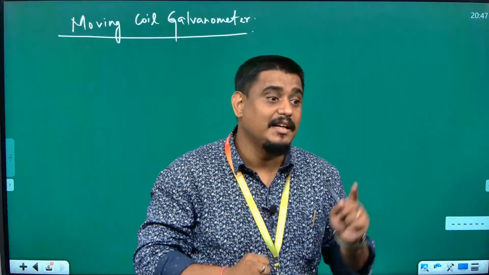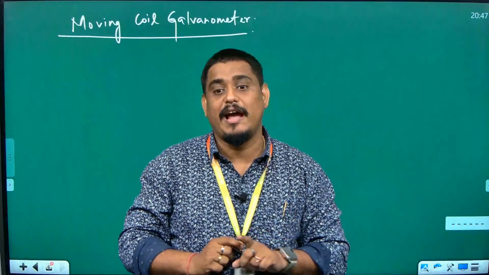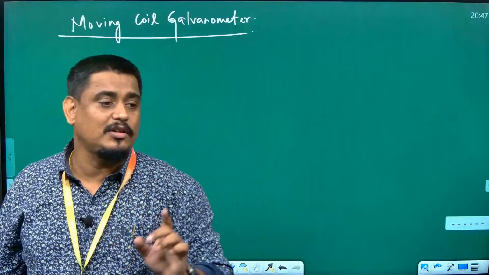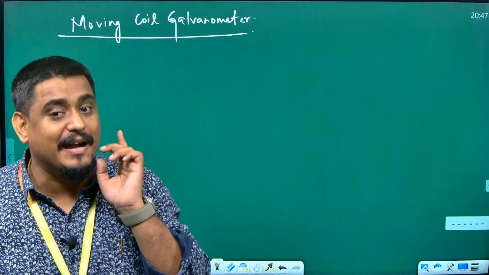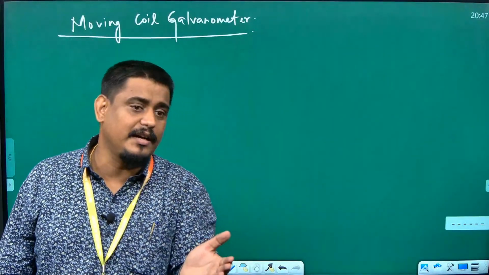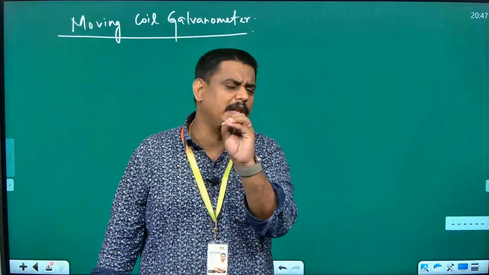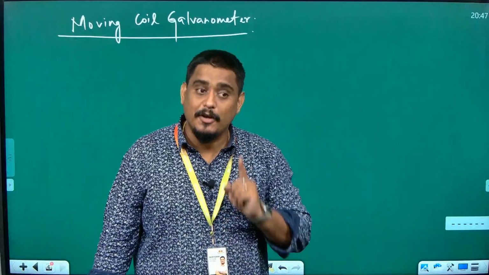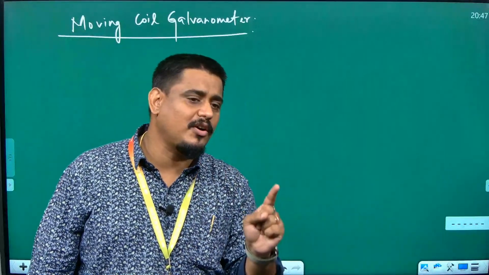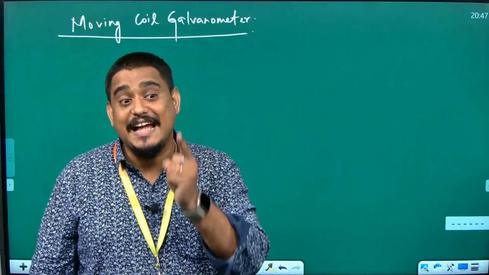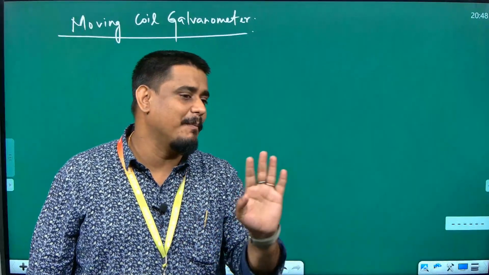By a galvanometer. So the galvanometer is not only used to find the magnitude and direction of current, it is also used to find the presence of very feeble current, because it works on the principle of torque on a current carrying coil kept in a magnetic field.